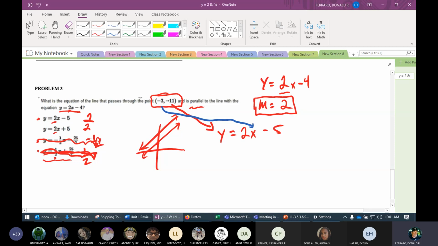So that being the case, y is equal to negative 11 equals, right? I've got 2 times negative 3 minus 5, right? So what's 2 times negative 3? Go ahead and put that in the chat. 2 times negative 3.